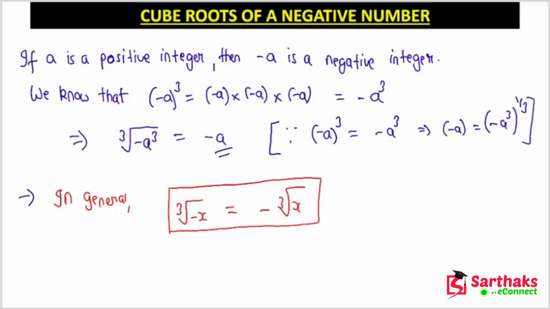I'll show you how with the help of questions, but now you can see that the cube root of a negative number is nothing but minus 1 multiplied by the cube root of its additive inverse. That is, someday if I ask you to calculate the cube root of minus 8, just take out the minus outside the cube root sign. Cube root of 8 is 2, so it would be minus 2. Okay, so this was the formula of how to calculate the cube root of a negative number.